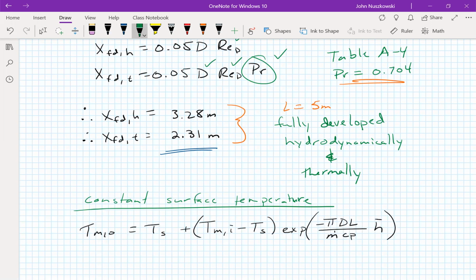All right, so we developed this equation in the slides, and we even used it in some of those quicker examples in the PowerPoint.